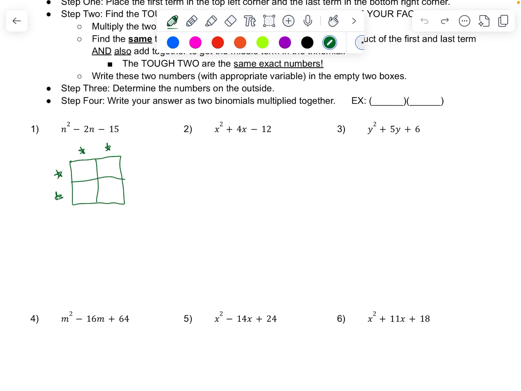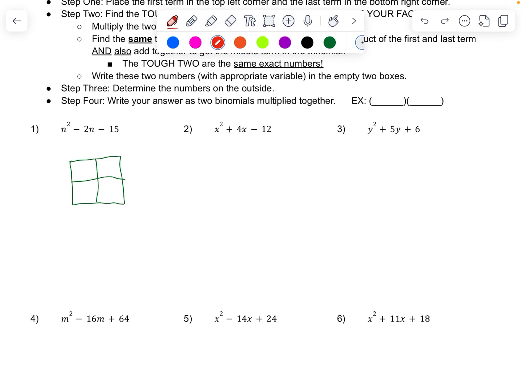With factoring, we're going to fill in the inside, and then we're going to factor to get our outside. So we're going to fill in our inside first, and then we'll find the outside, and this time the outside will be the answer. Unlike with multiplication, we filled the outside, got the inside, and the inside was our answer.